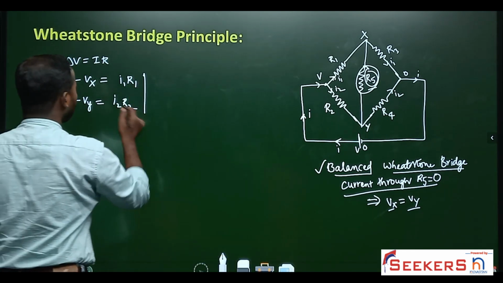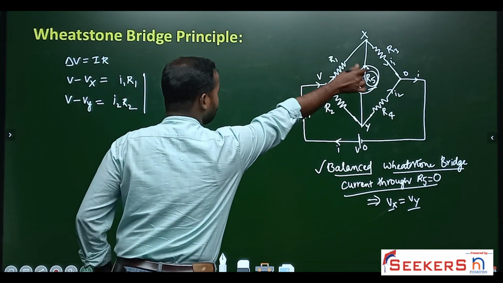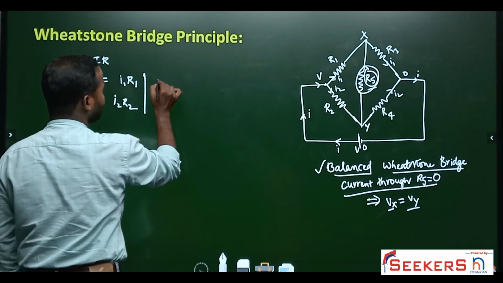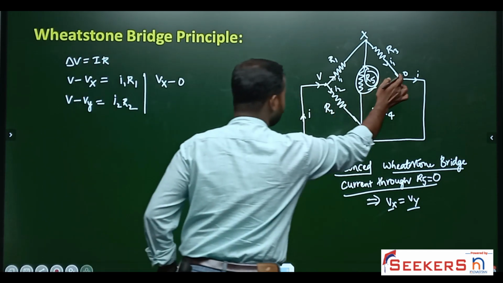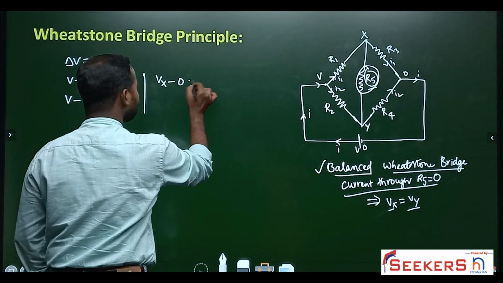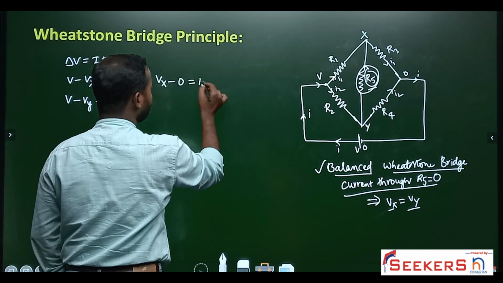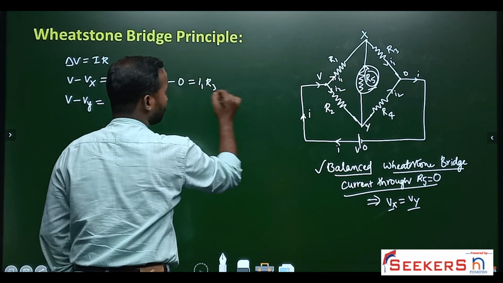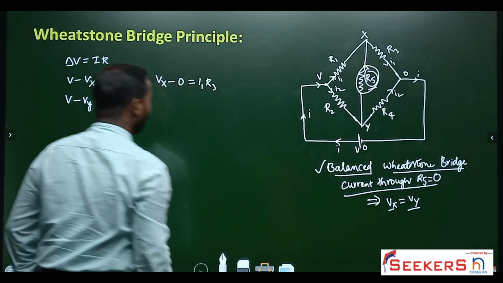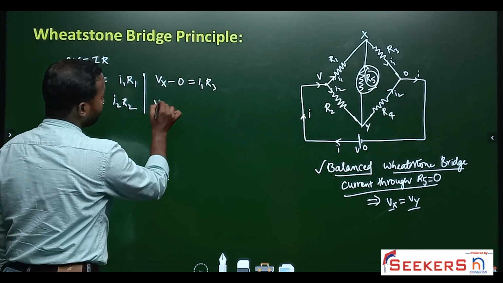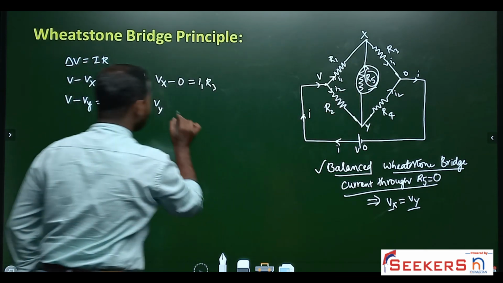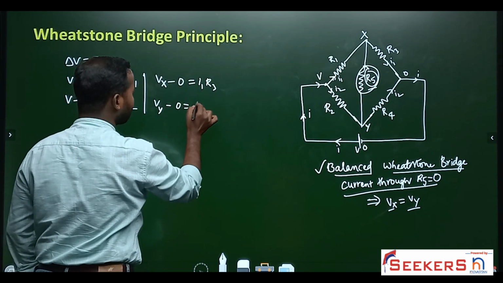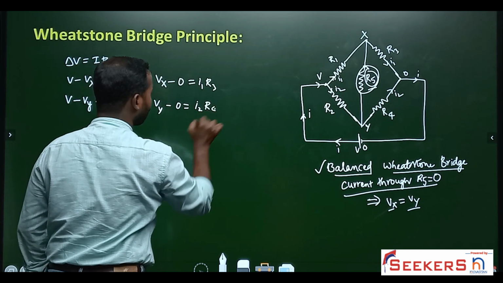Now applying Ohm's law here, Vx minus 0, the potential at this location is 0, is I1 R3. Current is I1, resistance is R3. Similarly, Vy minus 0 is equal to I2 R4.